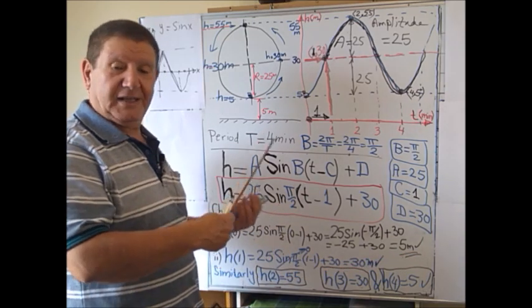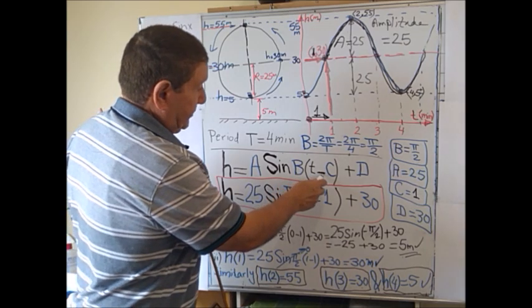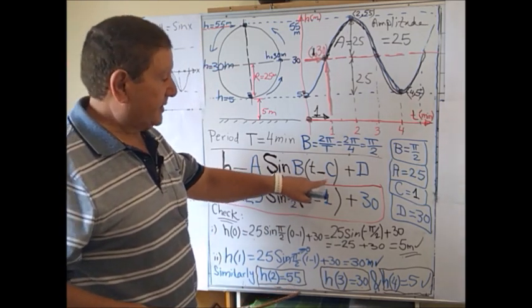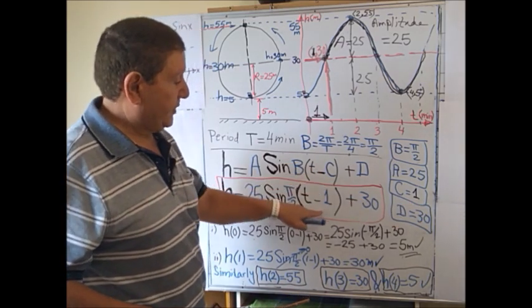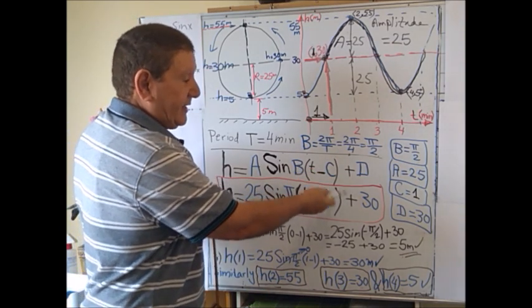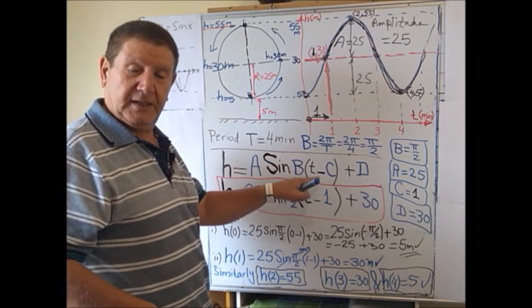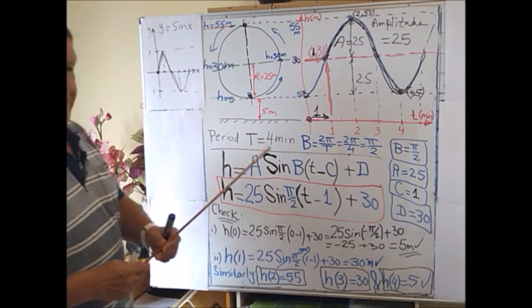If it is to the left, we write plus, because we consider minus the standard. So in this case it is plus 1, so this makes it minus 1, the whole thing is minus. In some books, they say plus C, and then C is minus 1. But it is easier to put it this way. All right? Okay, let's keep going.